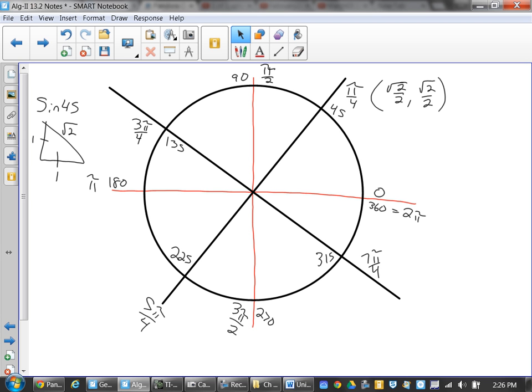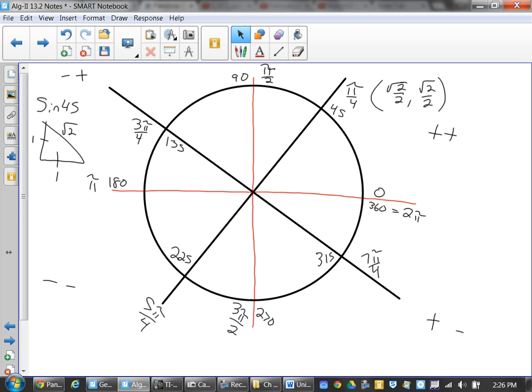As long as you know your first quadrant, everything mirrors itself out. The only thing that changes are the signs, because you've got your positives and negatives. And that's how this stuff works.